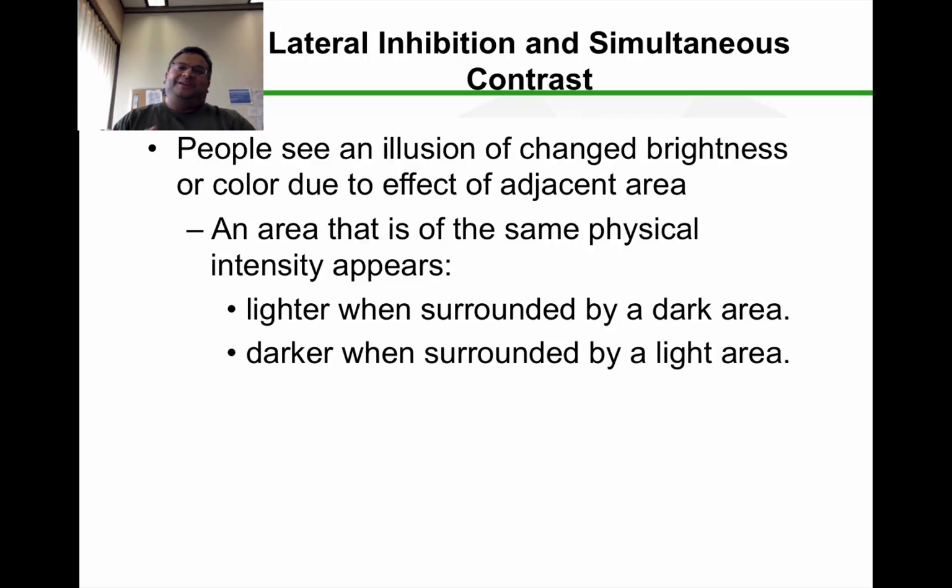So we have this perceptual trick that is played on us because of lateral inhibition. If you were to take a black piece of construction paper and put a gray square on it, the gray square would actually look lighter than it did if you were just looking at it by itself.